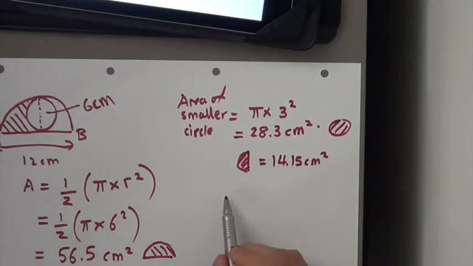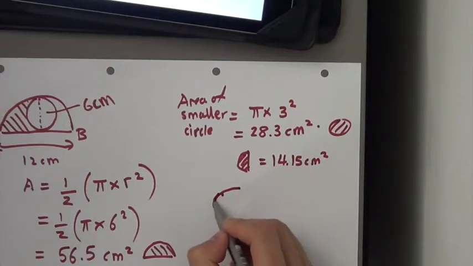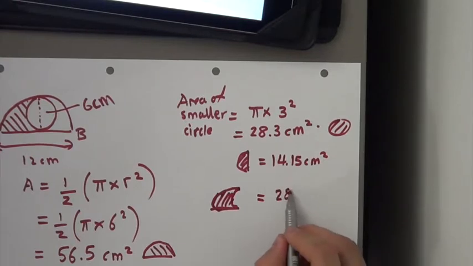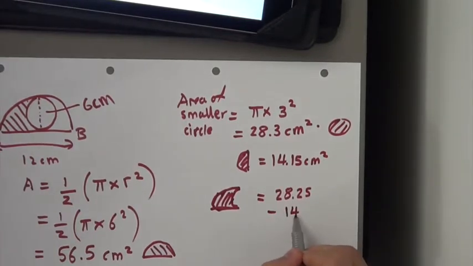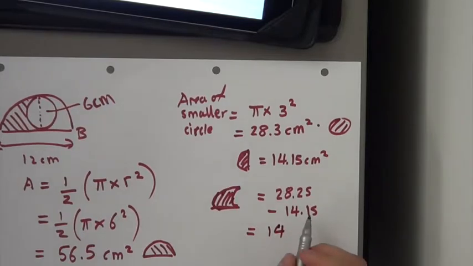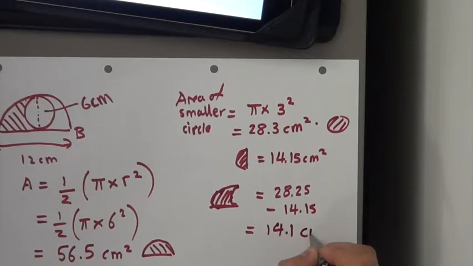Now I'm going to minus this area from this to give me this area. And this equals 28.25 minus 14.15 equals 14.1 centimeters squared.